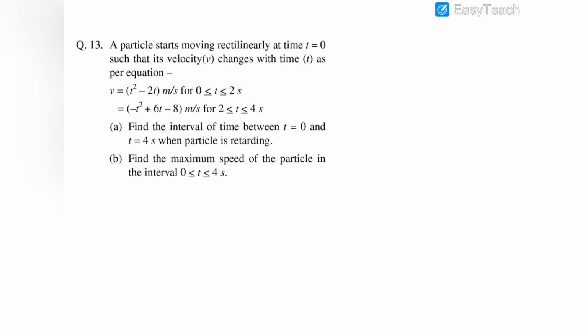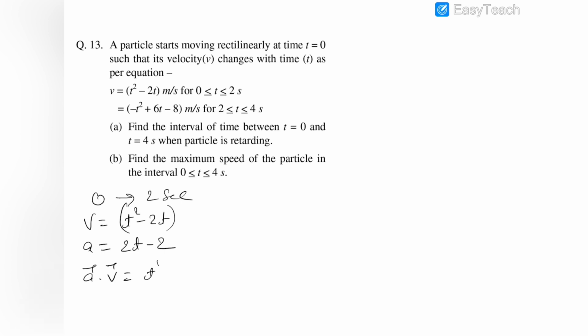First of all, in 0 to 2 seconds, v is equal to t square minus 2t, and a is equal to 2t minus 2. So let us find out a dot v. So a dot v would be t square minus 2t into t minus 1 into 2.